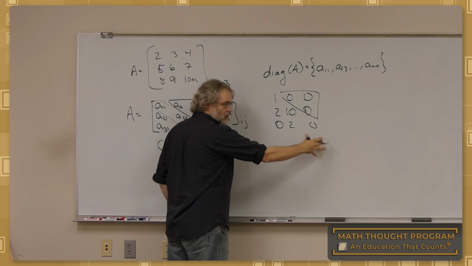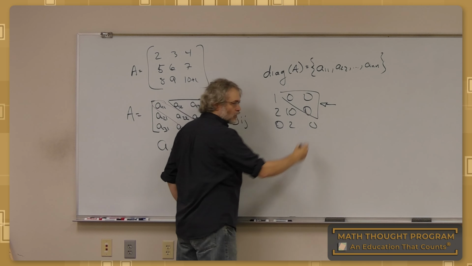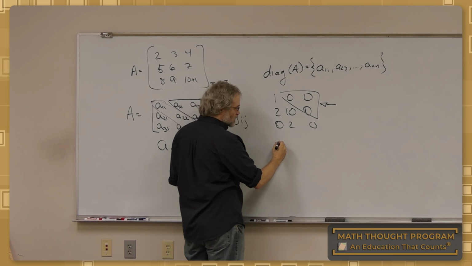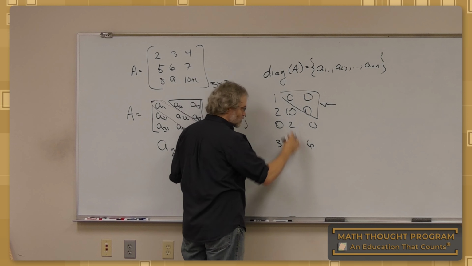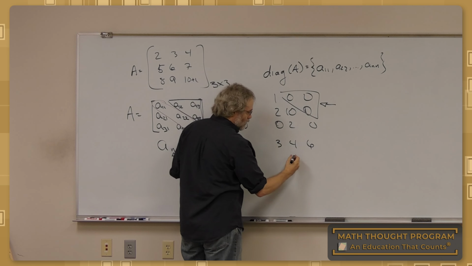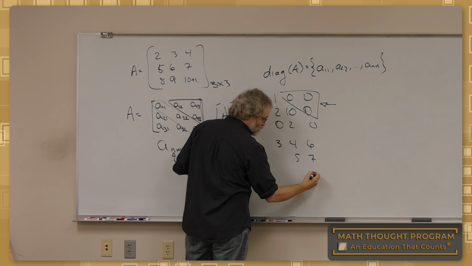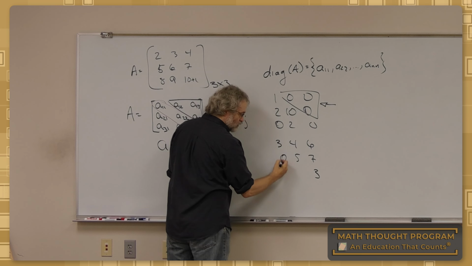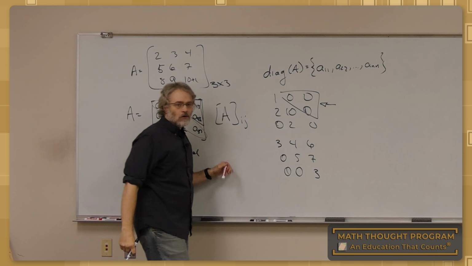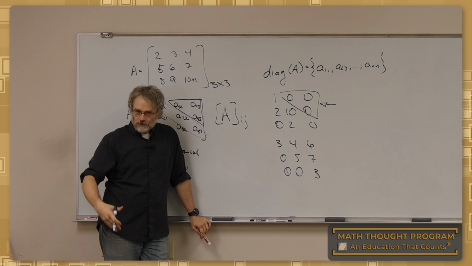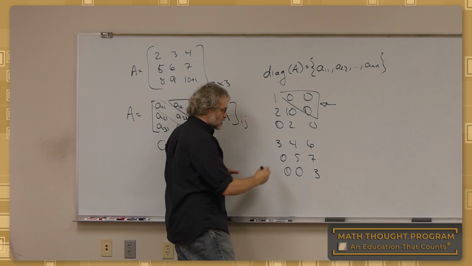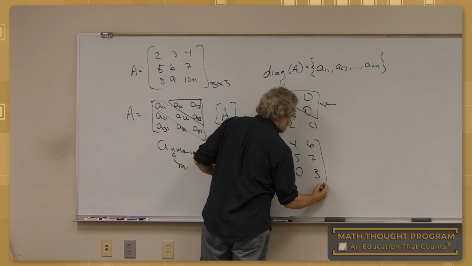Doesn't matter what happens down here, but what happens up here. Or you might have a situation in which you have all the entries above the main diagonal, that's what the diagonal is again. There might be some values, maybe something like this, but everything below it is all going to zero out.